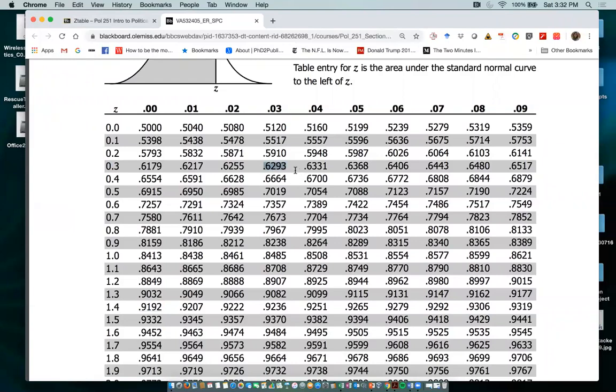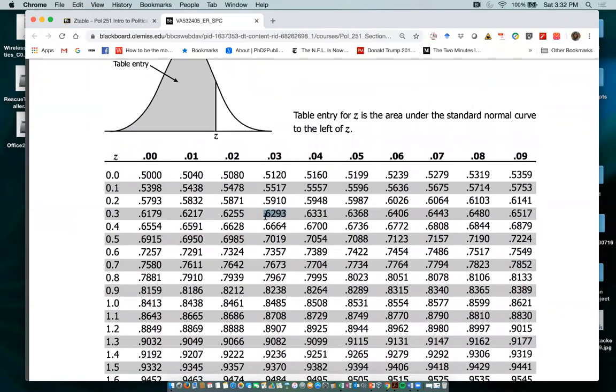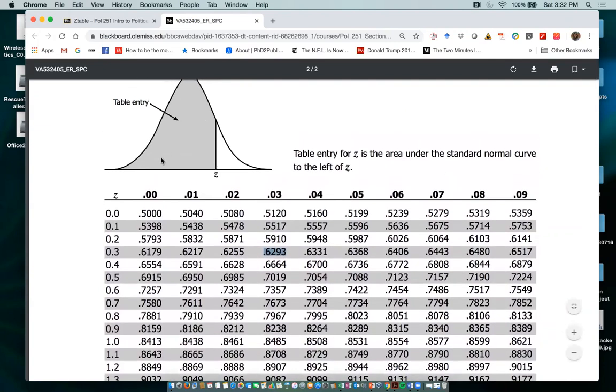So a Z-score of 0.33 is associated with 0.6293. So this 0.6293 is the percentage of the area under the curve to the left of the Z-score. So in other words, it's 62.93% of all cases fall to the left.